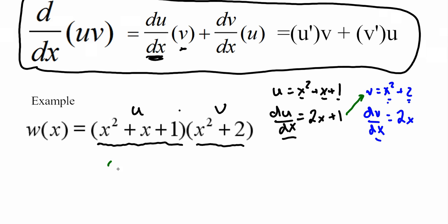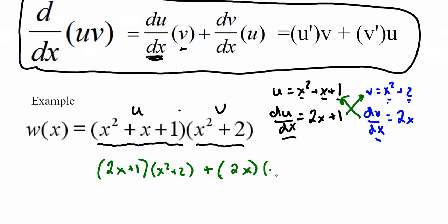All right, so it'd be 2x. So I say the derivative of the first function times the second, so it'd be x squared plus 2. All right, plus the derivative of the second function. You go like this. So we have 2x, that's the derivative dv, times x squared plus x plus 1.